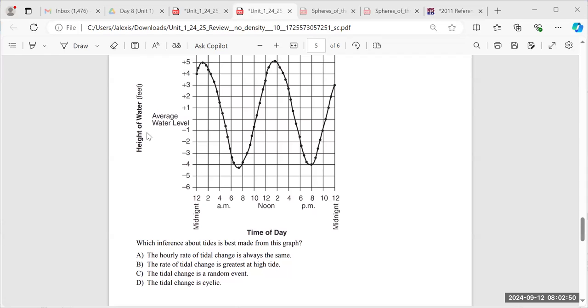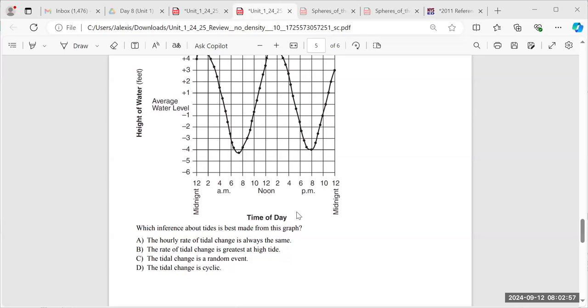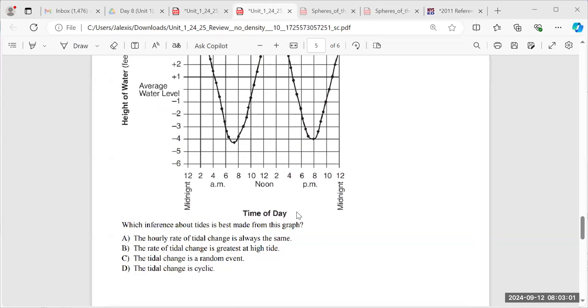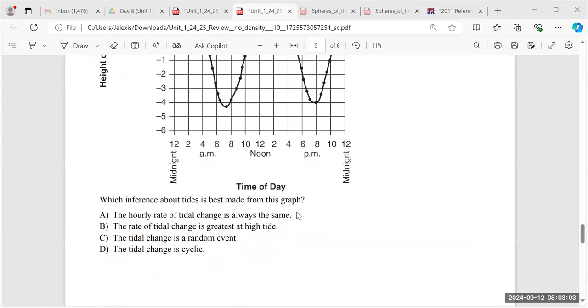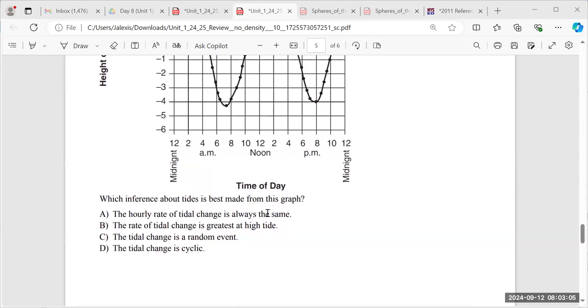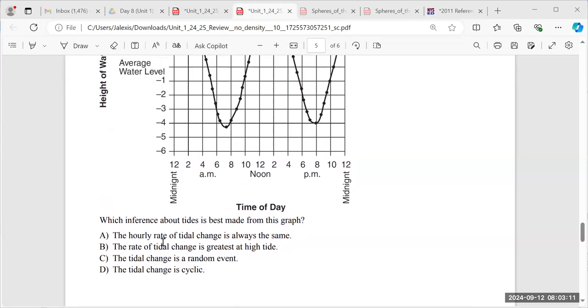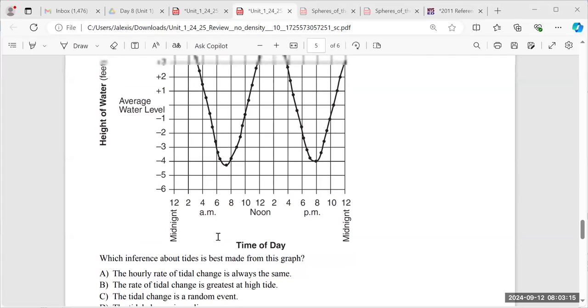All this information is telling me about the height of water throughout 1 day. One of the things that's going to help me is to remove false choices, because an inference can also be a conclusion. So let me see. It says the hourly rate of tidal change is always the same.